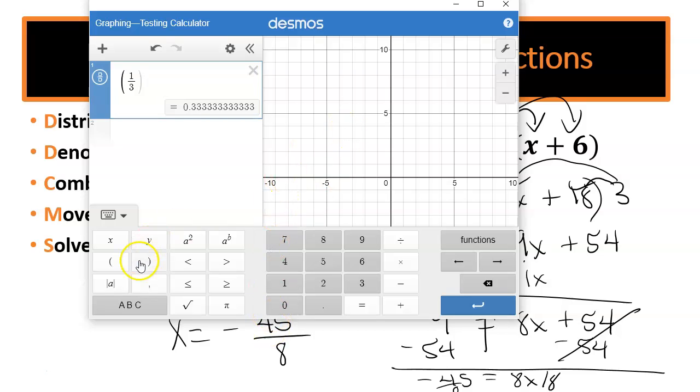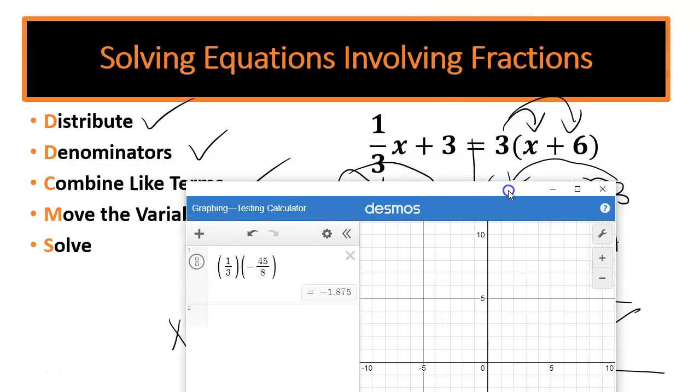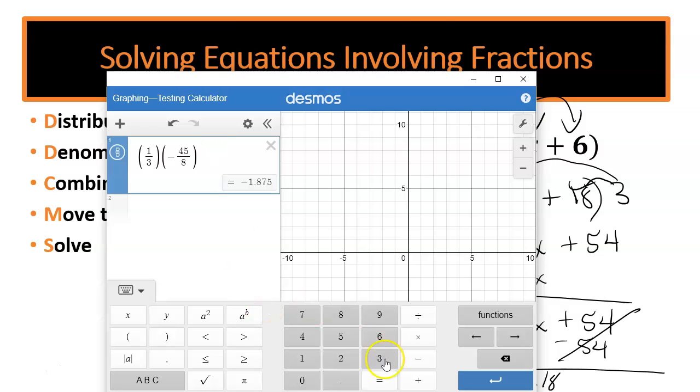So my x is negative 45 over 8, and then it's plus 3. That gives me 1.125.